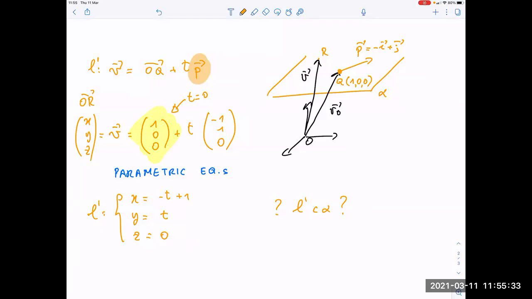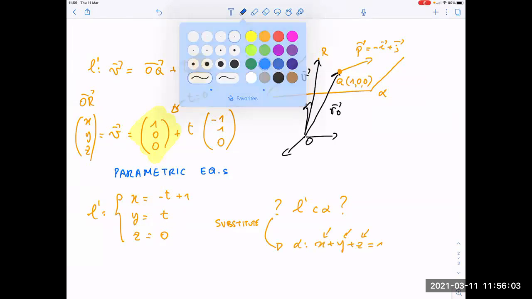Okay, yes, there are two ways to answer this. Substitute, which means what? It means take the equation of the plane x plus y plus z equal 1, and instead of x, y, and z, you place what we have here.